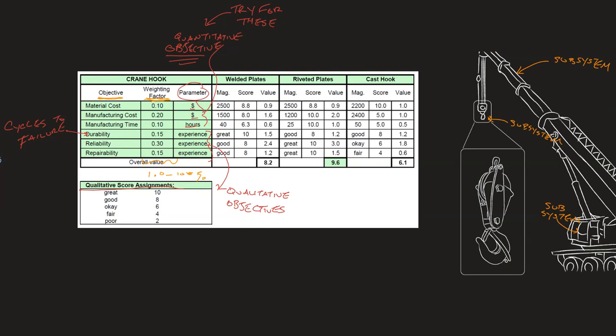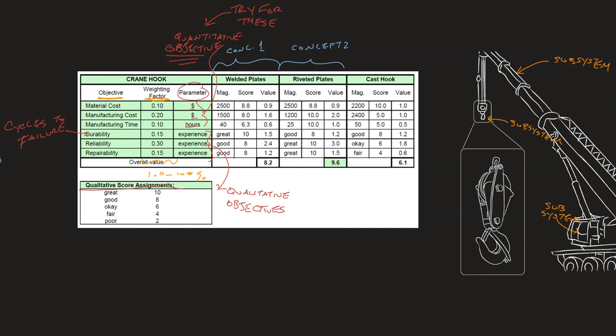Now, carrying on, continuing to look at our decision matrix, you can see that each design has each concept. This is going to be, we'll call it concept 2. This one would be concept 1. And then our cast hook would be concept 3.